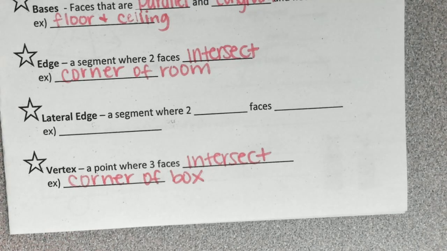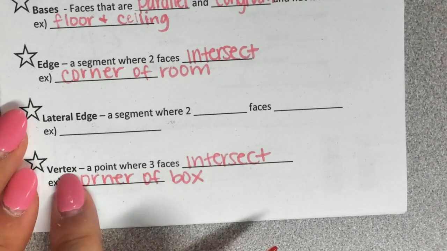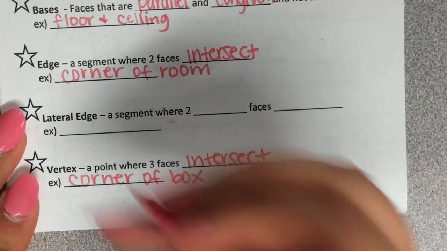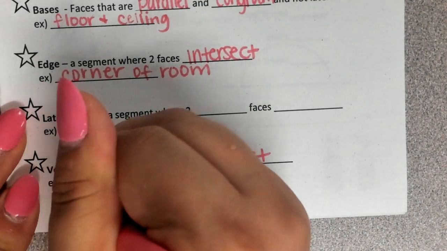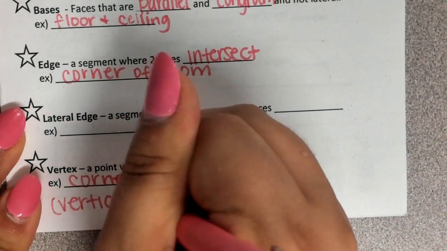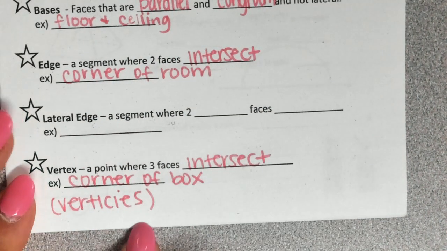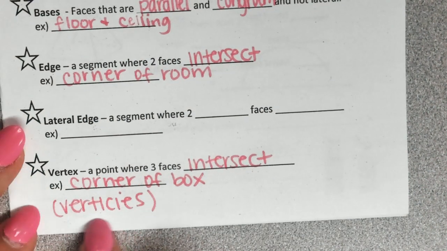Or like the top of a pyramid. Do y'all agree the very top of a pyramid? That's a vertex. And I do want you to know a lot of times I'm not going to say vertex. I'm going to say vertices. That is the plural of vertex. That means more than one. So vertices is the same thing as vertex.